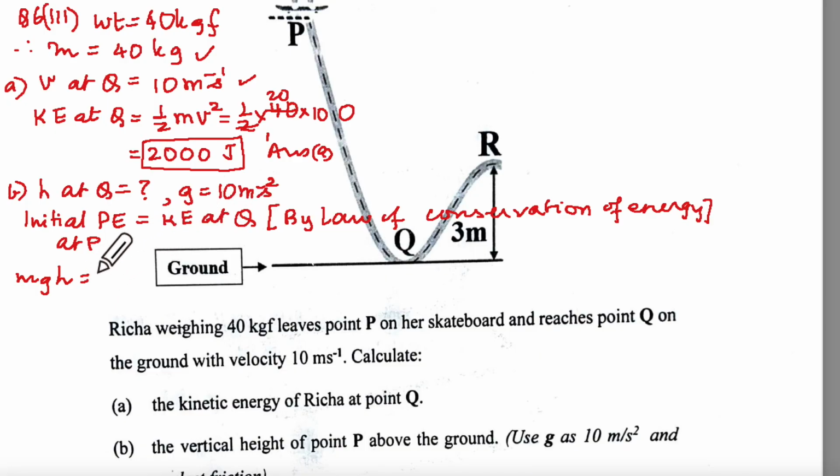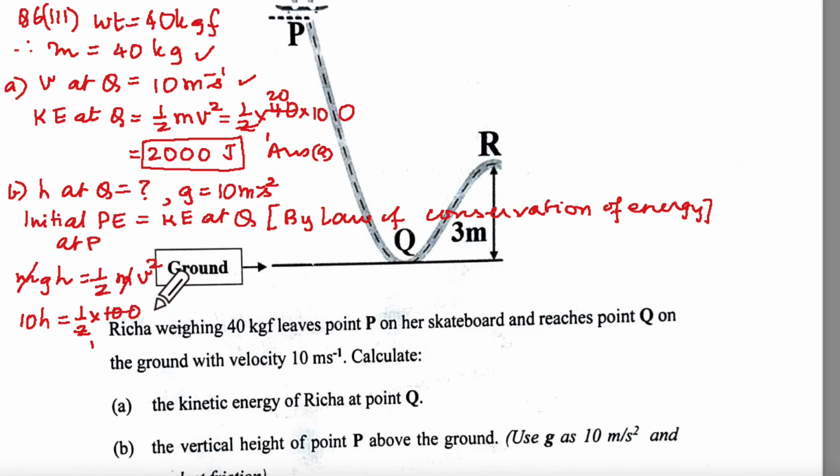kinetic energy at Q. If we do not write 2000, if we write half mv square, that's also doable because mass and mass will get cancelled. This will be 10 into h is equal to half into v square. V over here is 10, so 10 into 10, and that is 100.